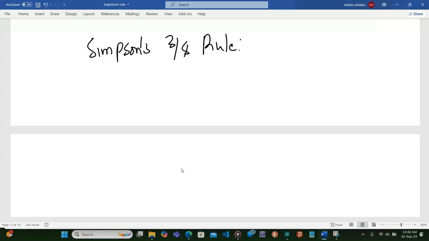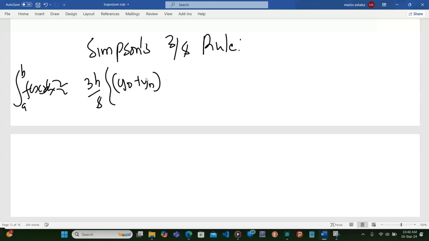Simpson's 3 out of 8 rule suggests that the integral from a to b of f of x with respect to x approximates to 3h out of 8 into y0 plus yn plus 3 into y1 plus y2 plus y4 plus y5, up to yn minus 1.